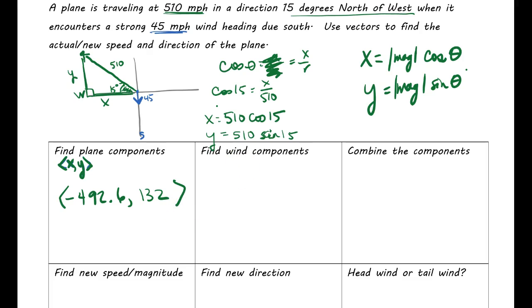Now, we're quickly going to do the wind's components because we're going to use these two formulas up here, okay? So for the wind, we need the magnitude, which is 45, times the cosine of the angle, and 45 times the sine of the angle. Now I left the angle blank because I want you to tell me what the angle is.